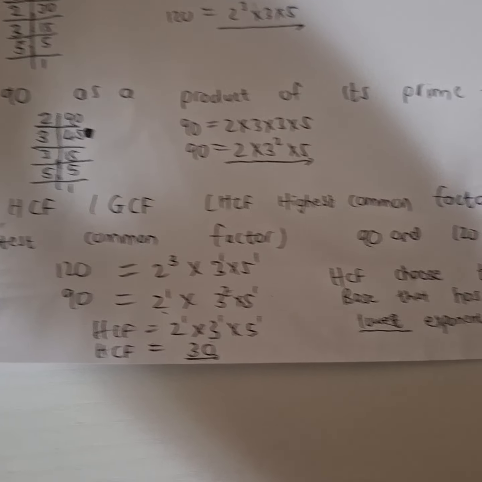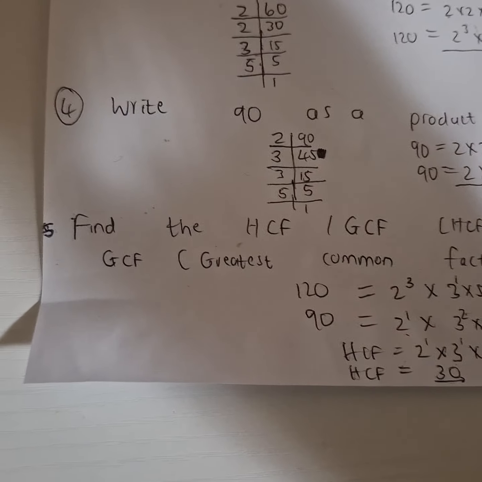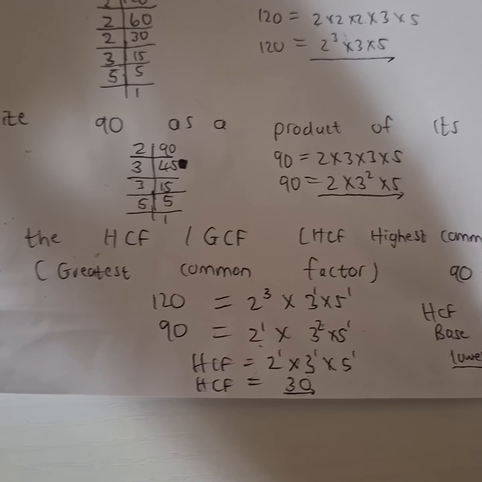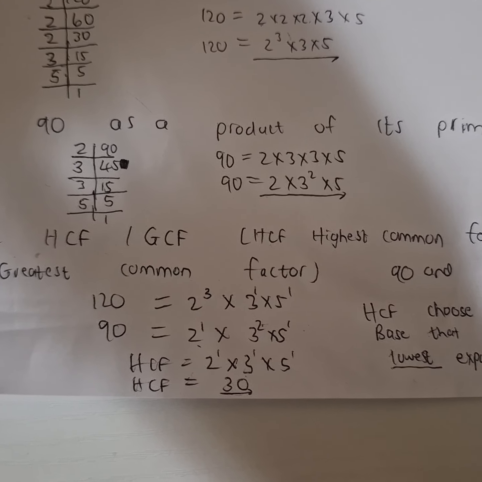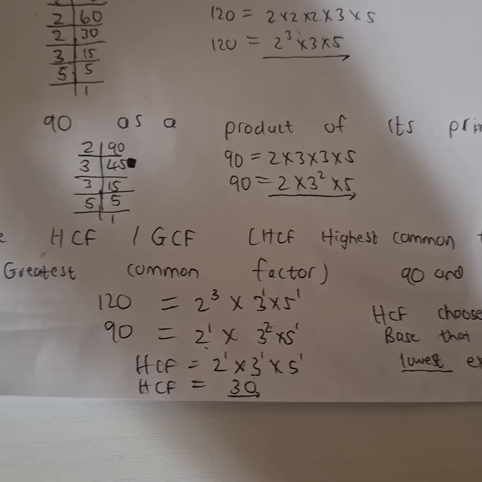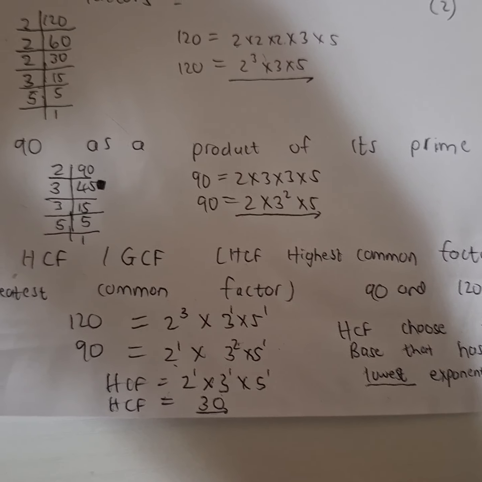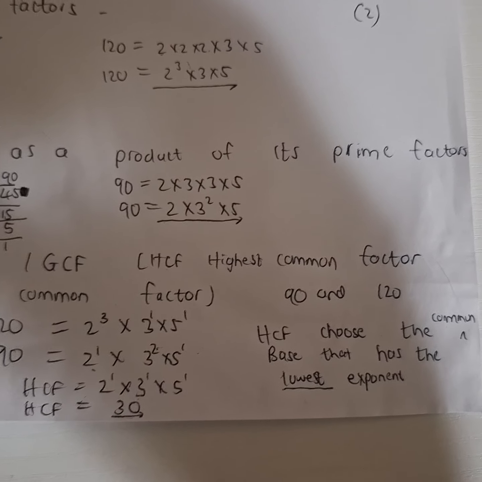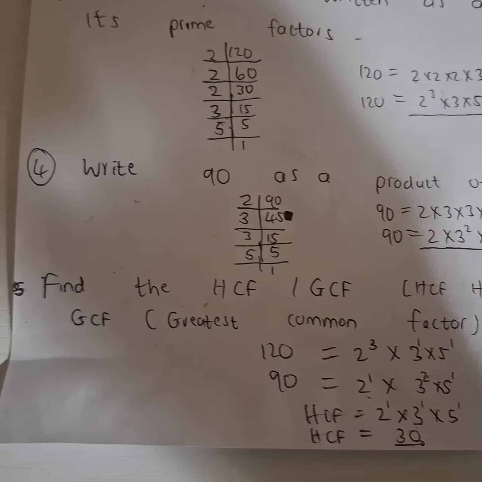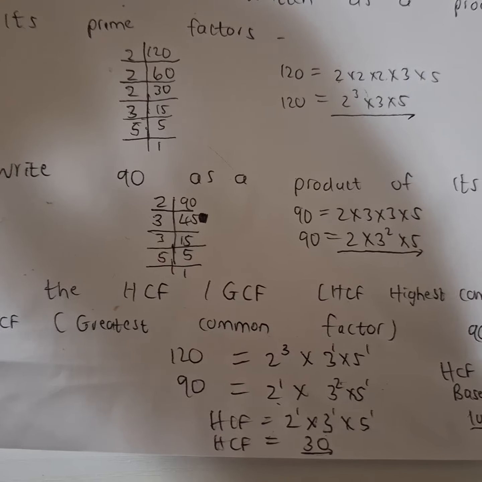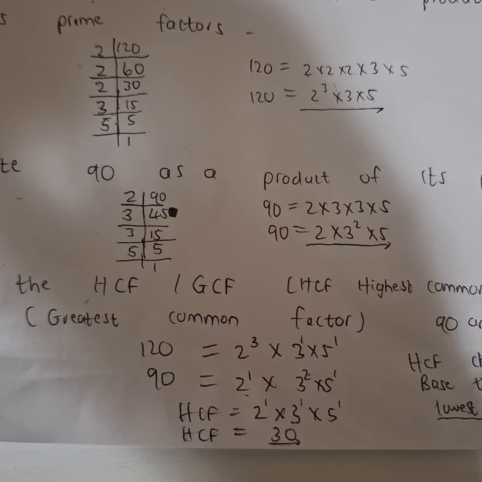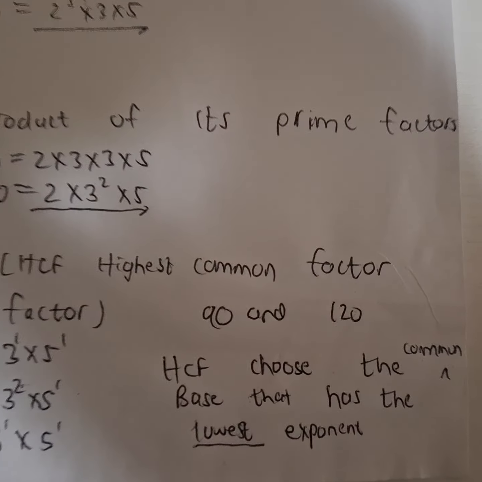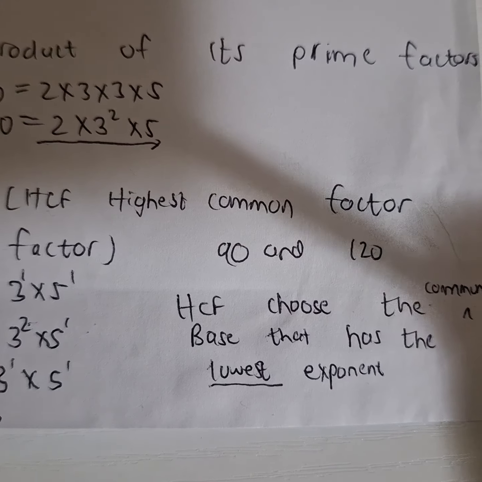So guys, this is a very important question, because highest common factors are things that we are constantly asked to answer in grade 8, and in grade 9 as well. In the next video I'll be showing how to find the lowest common multiple using the very same product of prime factors of 120 and 90, and we can look at how different it is from highest common factor or greatest common factor.